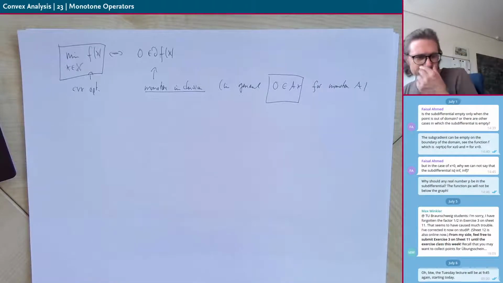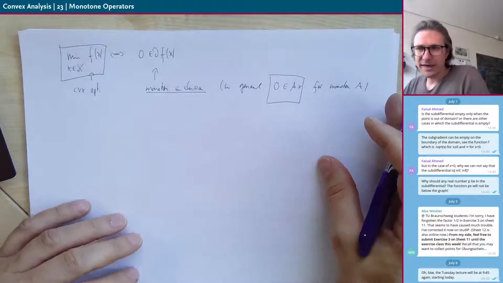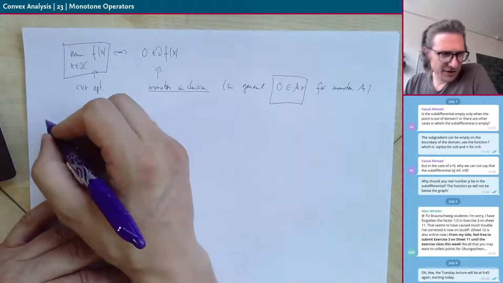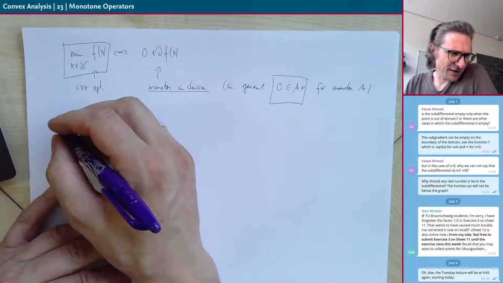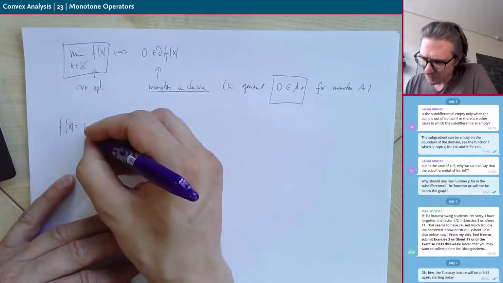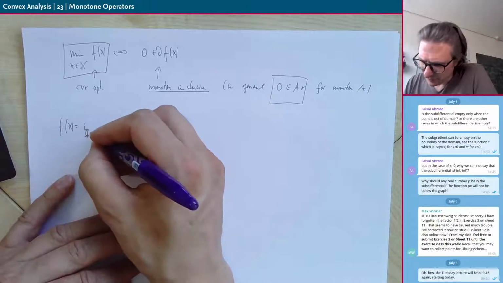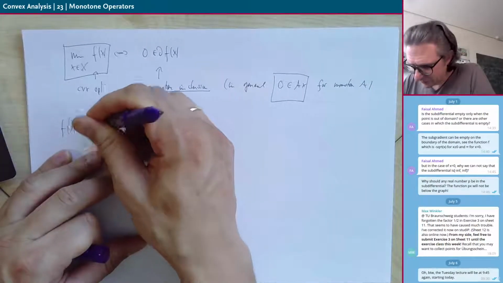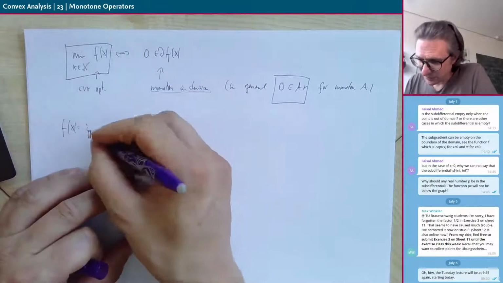Oh yeah. So now here comes an example that without lower semi-continuity you don't have maximality. It's not written as an example, probably I should have done that, but anyway, consider the function f of x being the indicator of the positive axis, with 0 excluded.